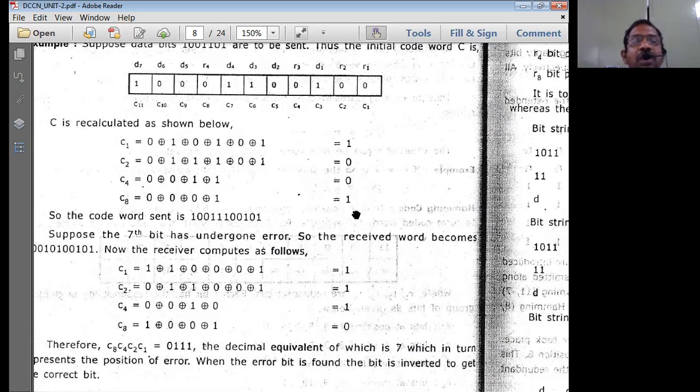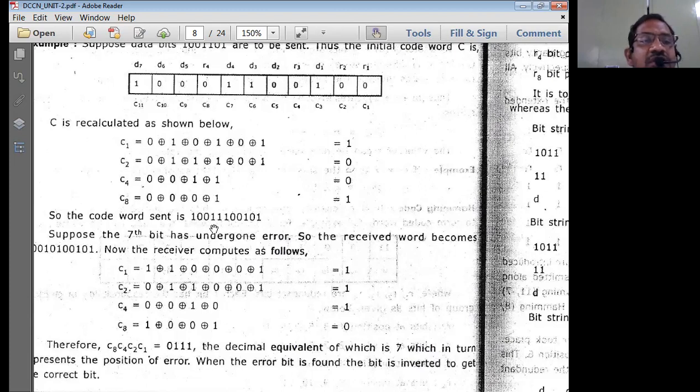So I got the code as what now? 1001. So whatever C1 I have got, just now I got C1 as 1. We replace the C1 bit with 1. C2 remained as 0. C4 remained as 0. C8, I replace this with 1. Now this is the code I have. So what is the code that I'm going to have now?